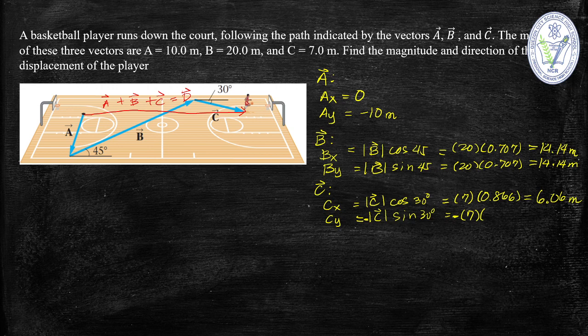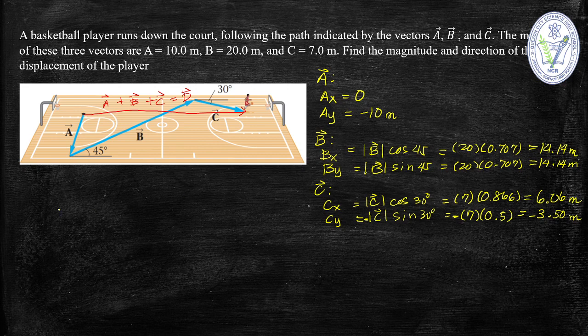And sine 30 is 0.5, so we have negative 3.5 meters.